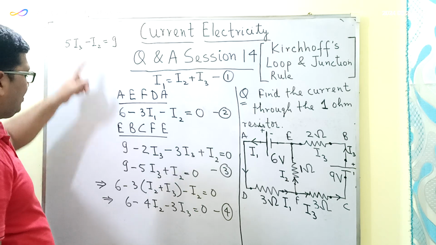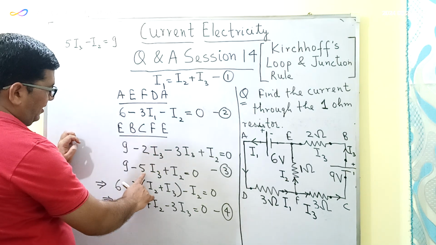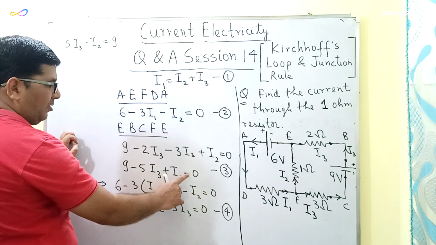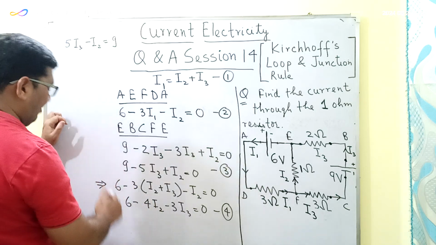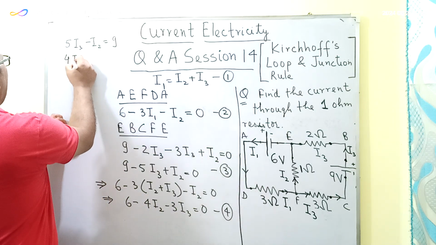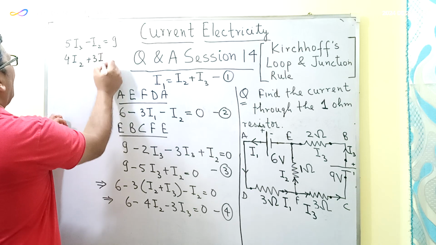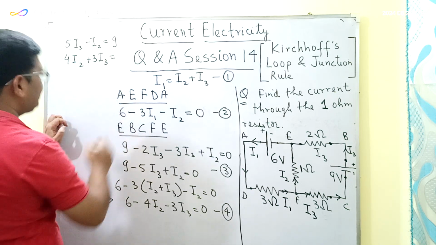This is the equation which I have got from the equation number 3. That is, I have simply taken these two values on the right hand side of this equation. Similarly, from the equation number 4, I will be getting 4I2 plus 3I3 is equal to 6.